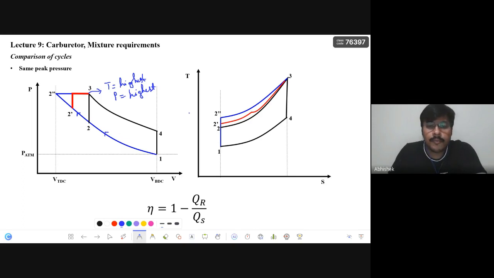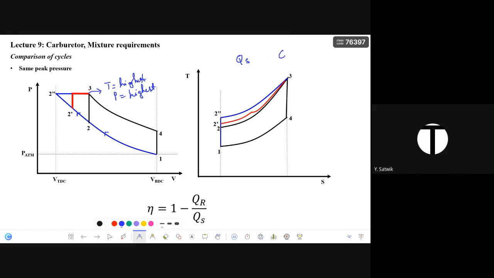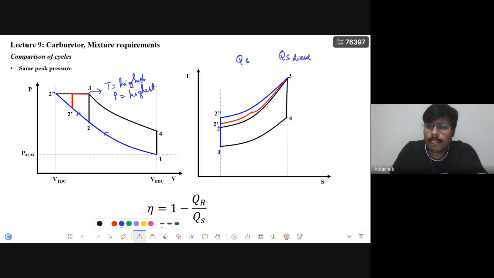So here if you compare the Q rejected and Q supplied, in which case will Q supplied be higher? Diesel. You can see from this curve that the area under the curve from 2 double dash to 3 is higher than 2 to 3. So that is why Q supplied is higher, and Q rejected is the same in both.